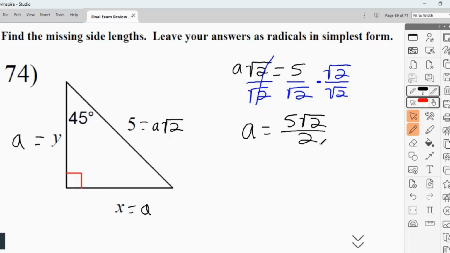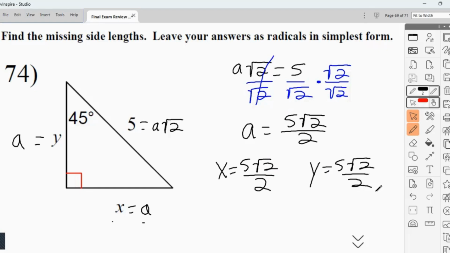So that means that x is equal to, since A and x are the same, A is equal to 5 square root of 2 over 2. And then notice that A is also equal to y. So y is also equal to 5 square root of 2 over 2. All right, and so we're done with this portion. On to the next.